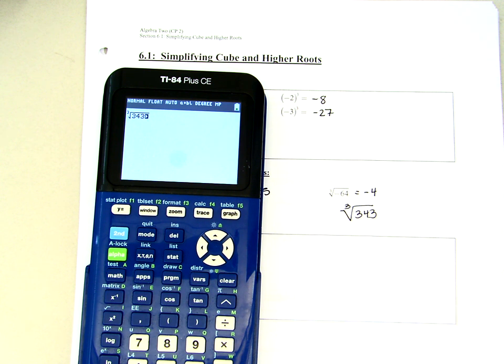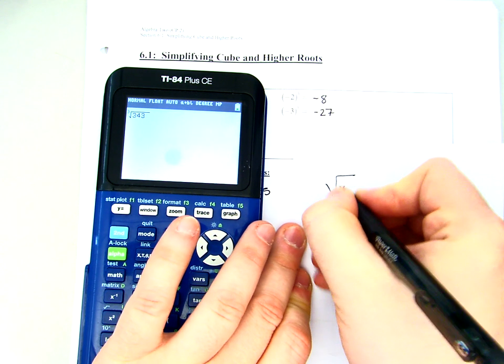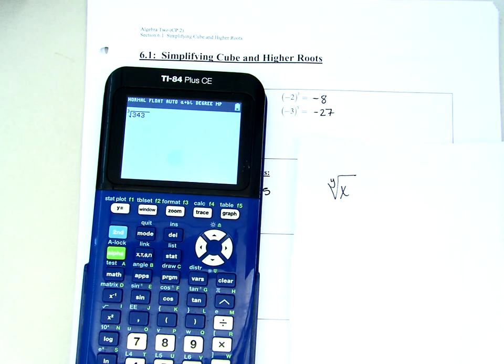Those of you with a scientific calculator, I think you're going to have a button that looks like maybe this, maybe the X and Y are in a different place, and it's probably a second to get to that button.